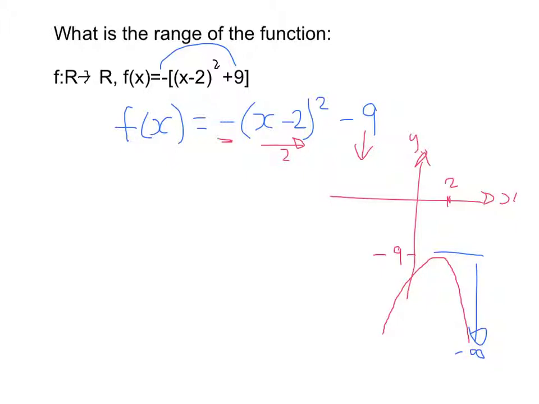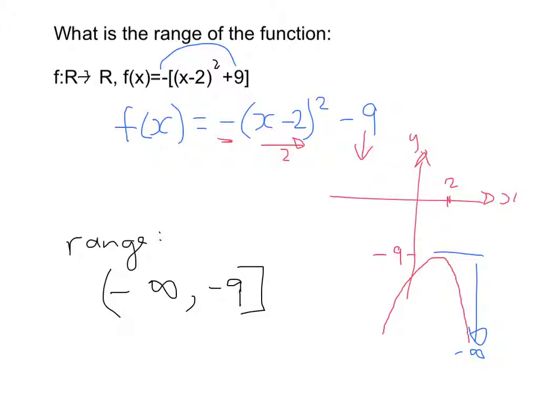So for the range, that'll be from -infinity through to -9. Can it equal -infinity? We always put a round bracket with infinity. Can it equal -9? Yes, that's where the turning point is, so we will give it a square bracket there. So it's -infinity through to -9. It looks a bit like a G there, so I'm just going to take the tail off that 9. Yeah, it looks like an A. Can't win, can you? -infinity through to -9.